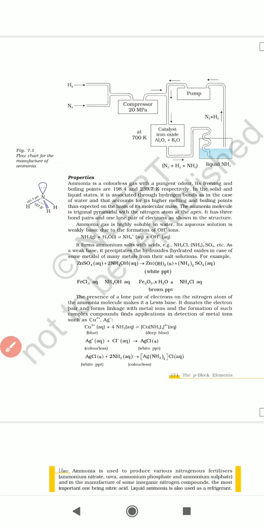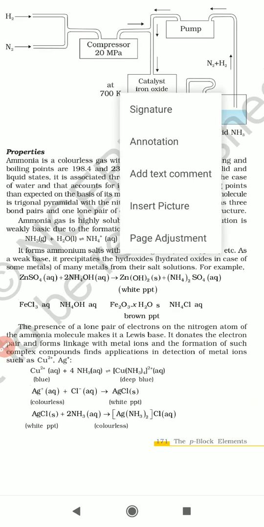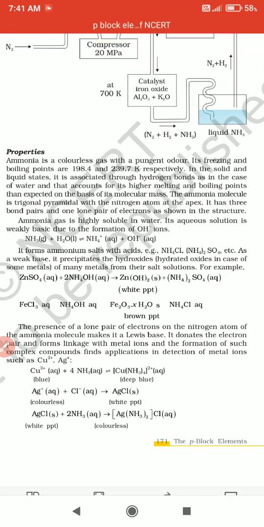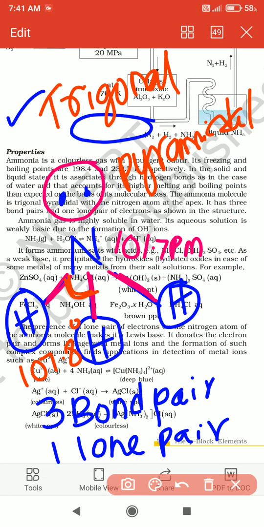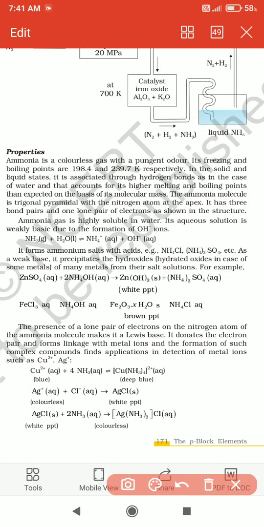Let us see the explanation. In the solid state or liquid state, hydrogen bonding takes place, like in the water molecule. In ammonia also hydrogen bonding takes place, so it exhibits higher melting and boiling points.